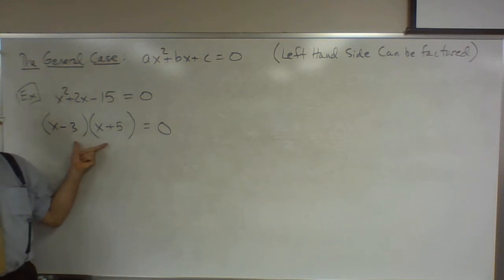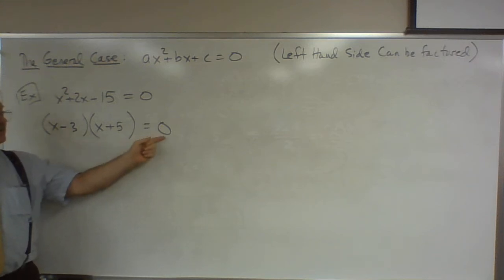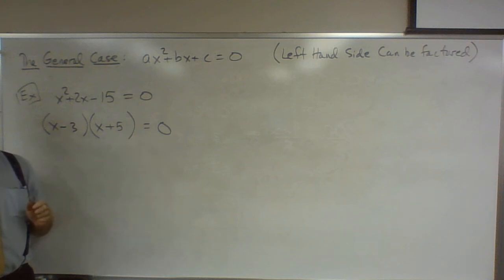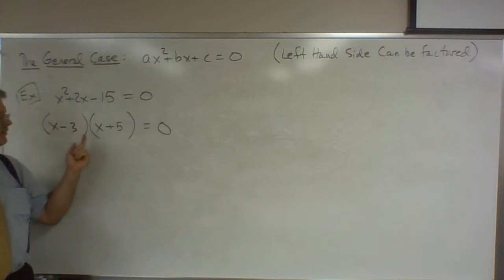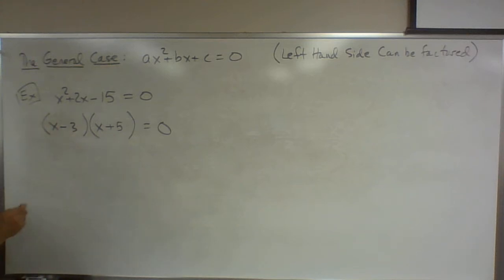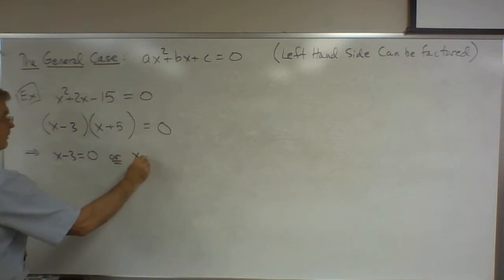And what we have is the product of two factors equal to 0. The zero product property or the zero factor property tells us that one of these two factors has to be 0. So we have either x minus 3 equals 0, or we have x plus 5 equals 0.